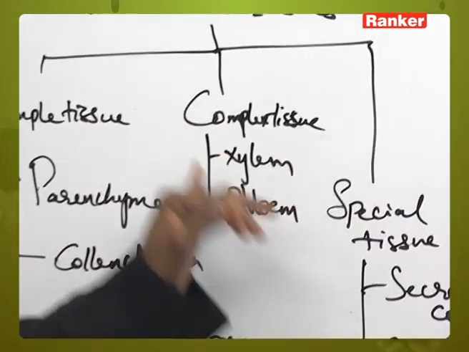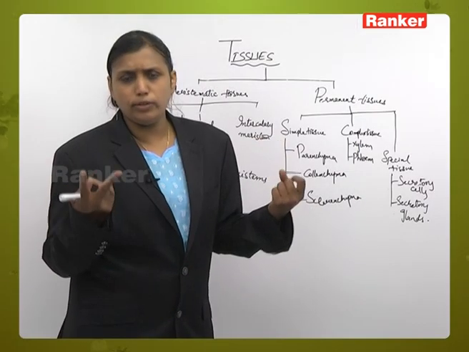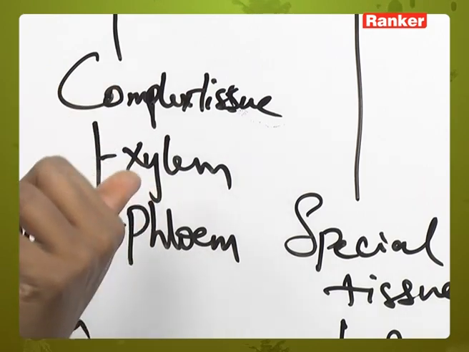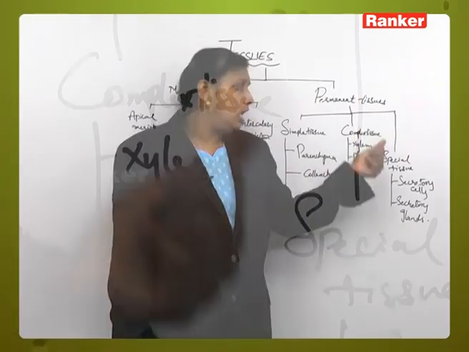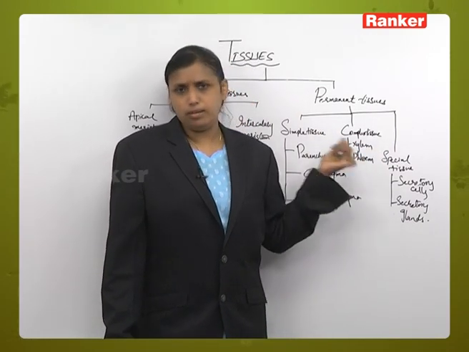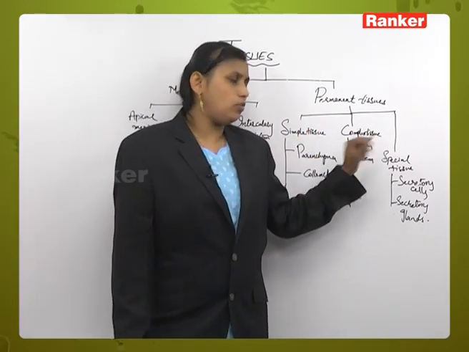Okay, next, what is complex tissue? As the name itself indicates, there are 2 different types of tissues which have different origin, different position of origin, and the function is also totally different. So, in complex tissue, we will talk about 2 tissues, called xylem and phloem. Now, what is xylem? We all know, xylem is a water conducting tissue.